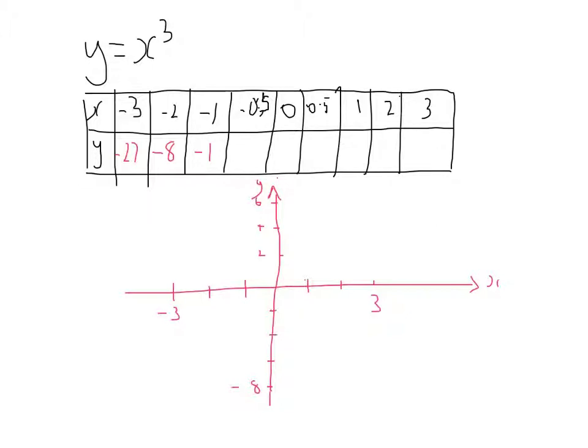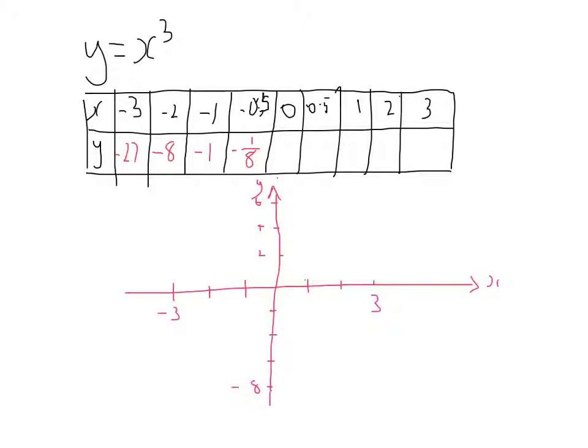And -0.5 cubed, I'm going to use my calculator for that. Is -0.125, or -1/8. Now, a little side note onto that one there.